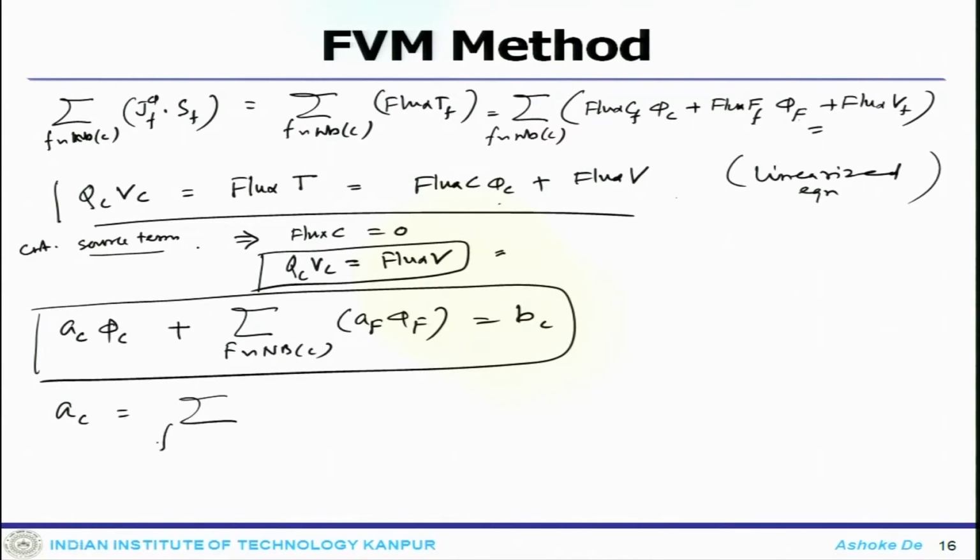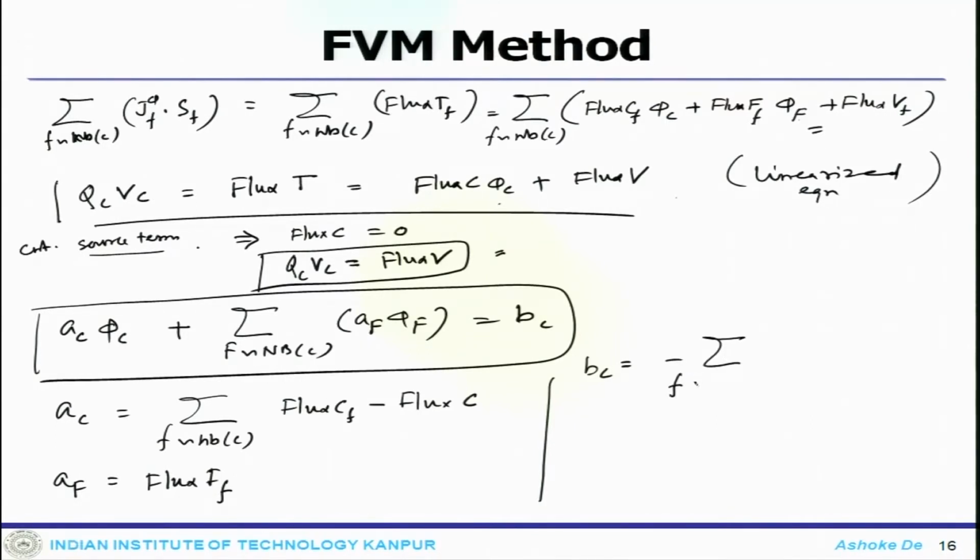AC is the summation of flux Cf minus flux C, and AF would be flux FF, and BC is nothing but the summation over this element of flux Vf plus flux P.